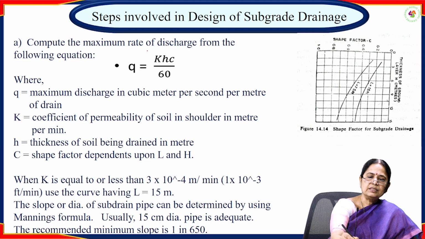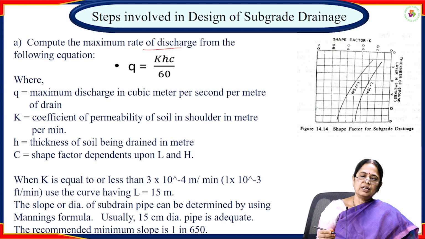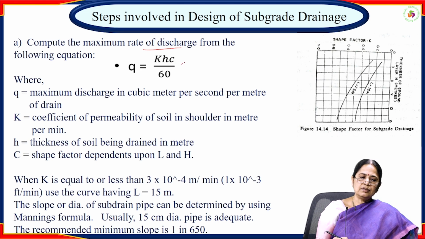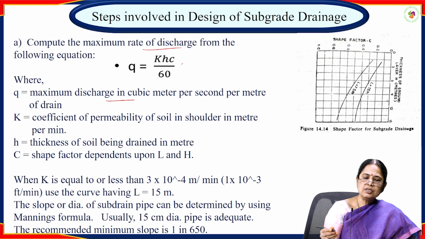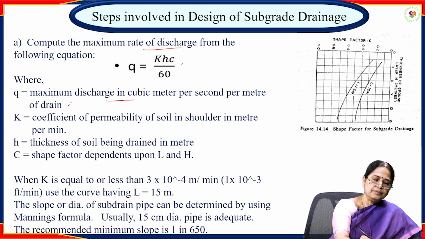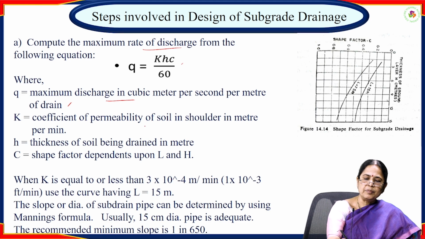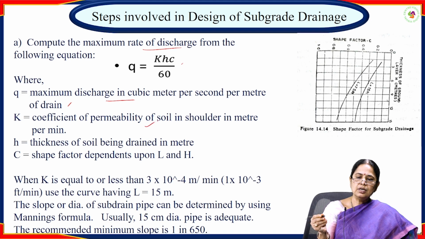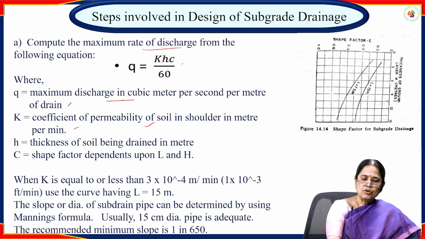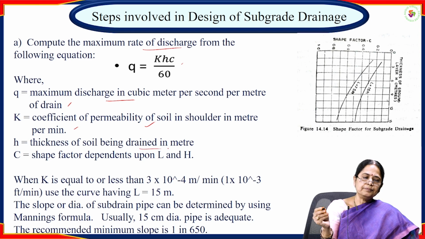Here, compute the maximum rate of discharge from the following equation. Q is equal to K H C divided by 60. Q is the maximum discharge in cubic meter per second per meter length of the drain, and K is the horizontal permeability of soil in the shoulders in meter per minute. H is the thickness of the soil being drained in meter.